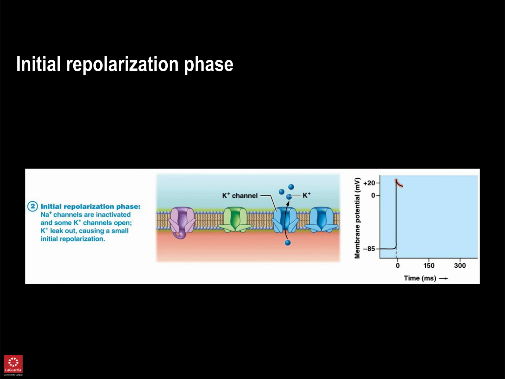Then we get to the initial repolarization phase. The sodium ion channels are inactivated and some potassium ion channels open. Now remember, the potassium ions are positively charged, and the concentration gradient is such that there is more in the cytosol than in the extracellular fluid, so the potassium wants to flow out. So the potassium starts to leak out, and this causes a small initial repolarization.